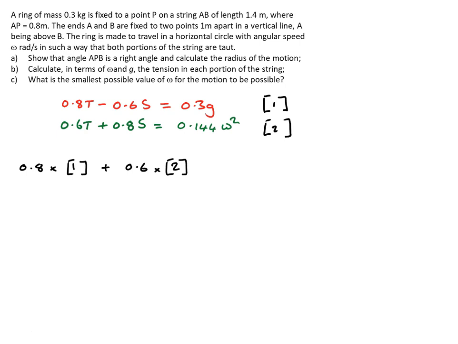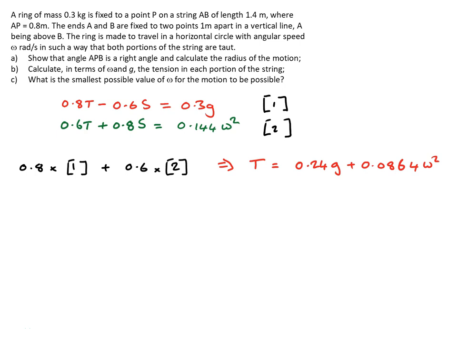The S terms will cancel each other out, so we'll end up getting T equals 0.8 times 0.3g, which is 0.24g, together with 0.6 times 0.144 omega squared, which is 0.0864 omega squared.